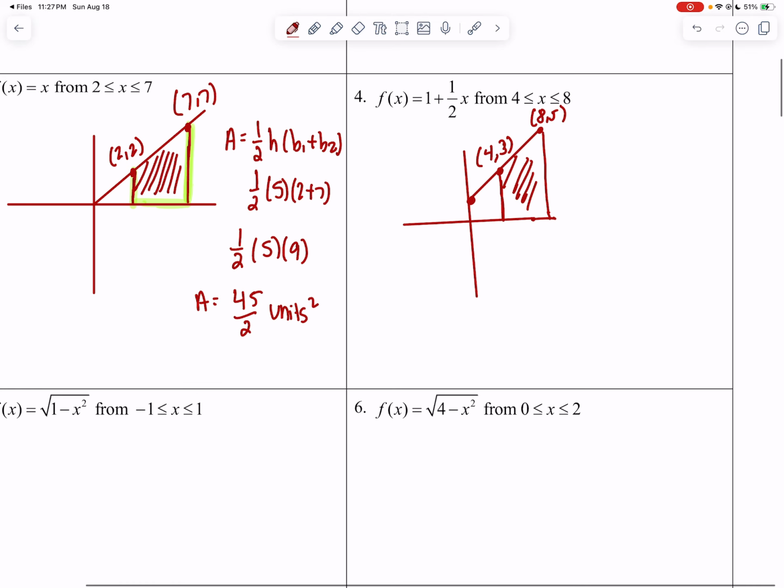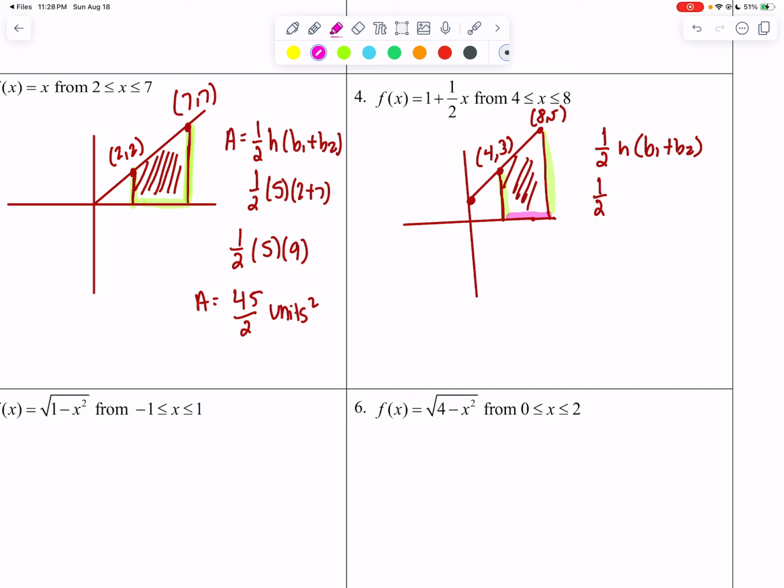So here I have 1/2 height, base 1 plus base 2. Your bases are going to be the vertical distance. So in this case, it's going to be 3 and 5. And then your height is going to be the horizontal distance from 4 to 8, which is just going to be 4. Simplify this a little bit, and that's going to give me 16 units squared.